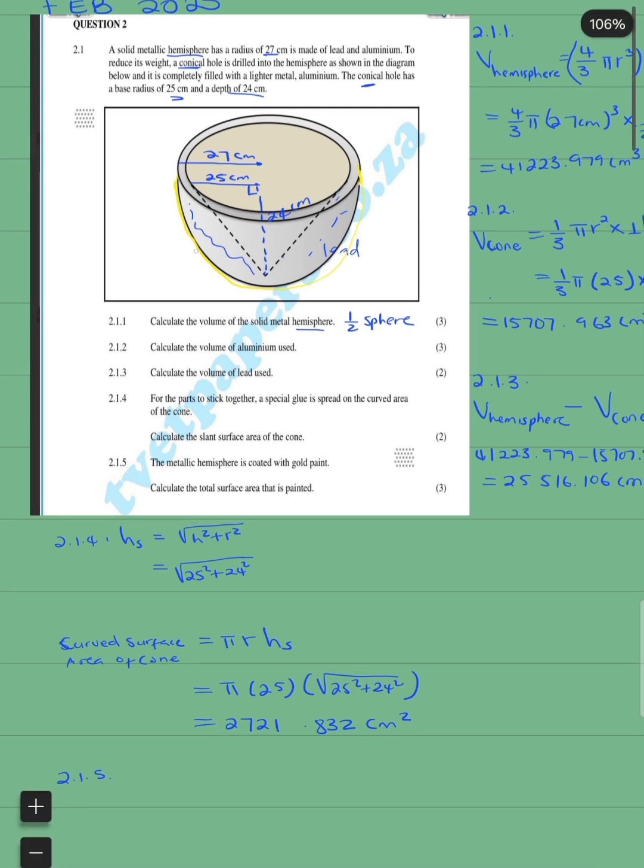So we have here half the surface area of a sphere. Then this also here is painted, and you can see that's a circle. So this will be the area of a circle. So what's painted gold? Half the sphere and the circle.